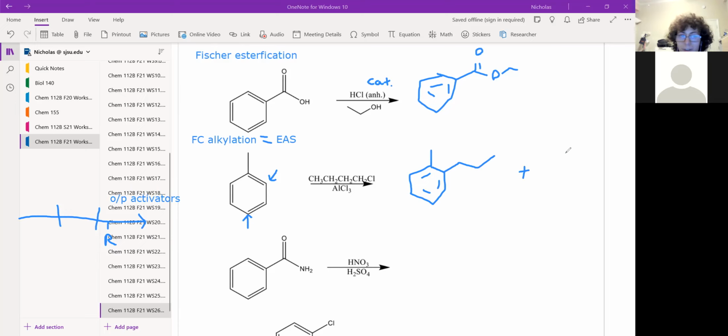Is this the product we should get? Since we're adding this, that's where the chlorine is, so that looks like where it should attach.